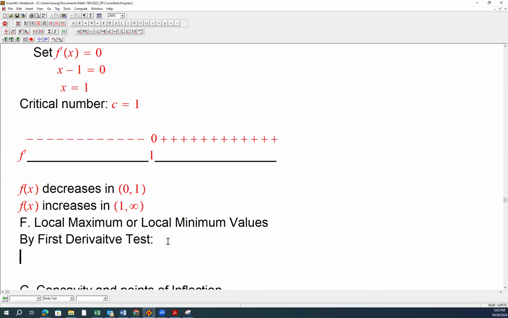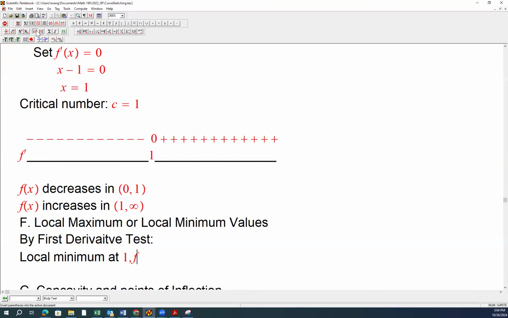We got a local minimum because the first order derivative changes from negative to positive. Decrease, increase. So local minimum at 1. And what is the value?